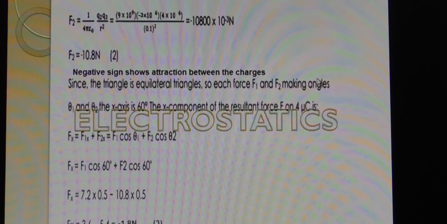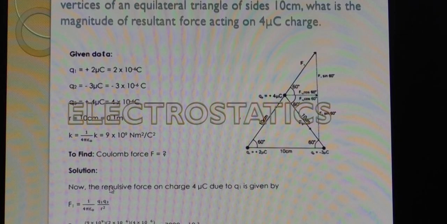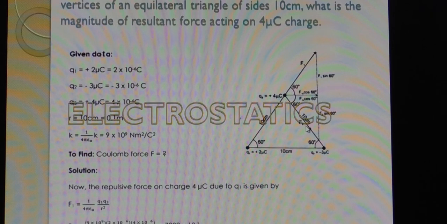All right. Now, when we come to the figure and see how you have resolved the forces F1 and F2 into their components, because you have to find the resultant force on Q3, just as the force F1 is acting due to this charge and we have resolved F1 into its component, in the same way we are going to resolve this second force into its component, that is the vertical.